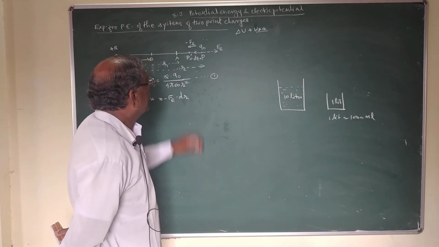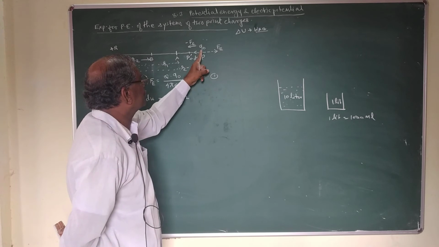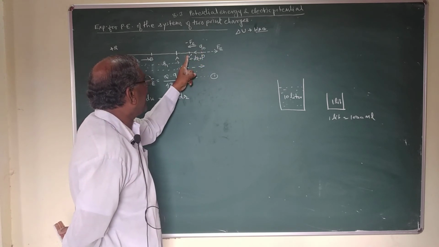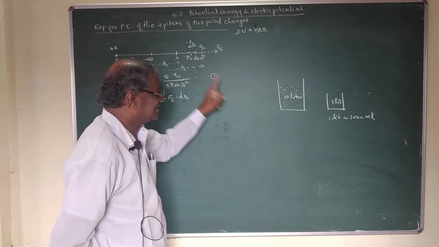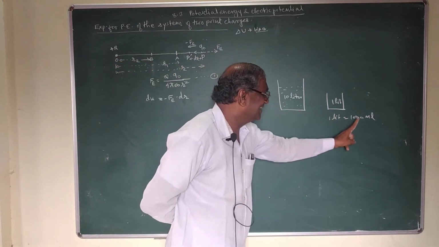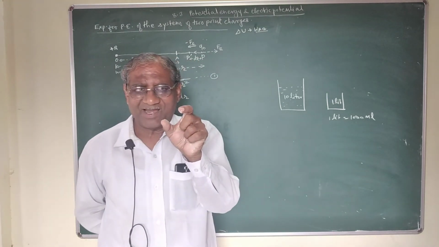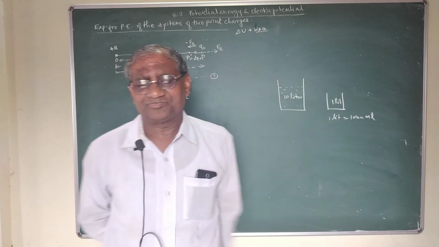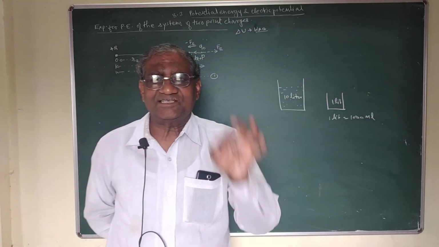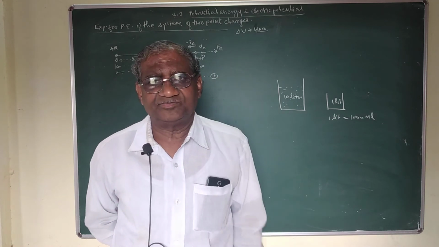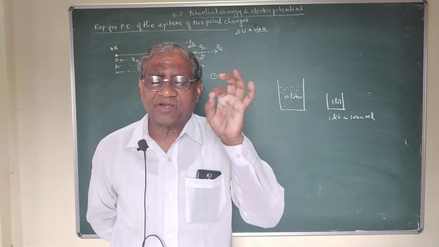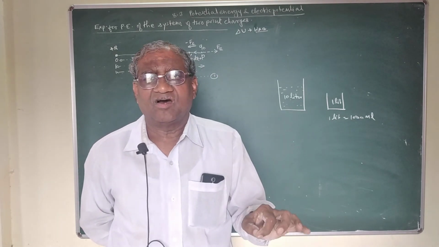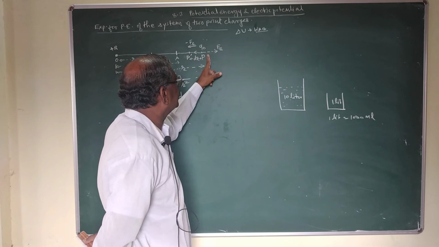Now we have to move this Q0 charge from P to P dash in this direction through a very small distance dr. For the displacement dr, we have to perform some work on this Q0 charge.